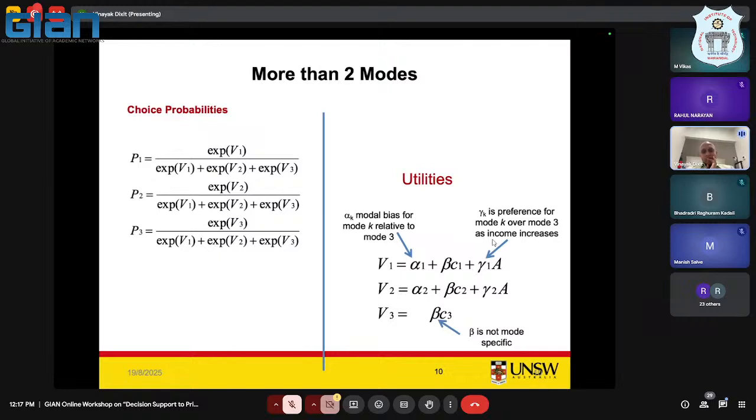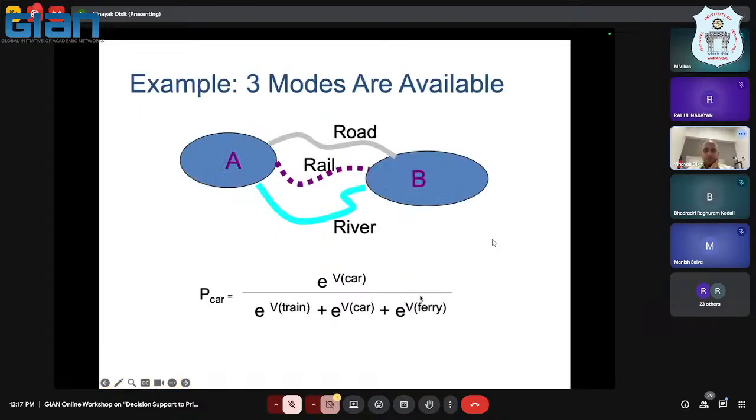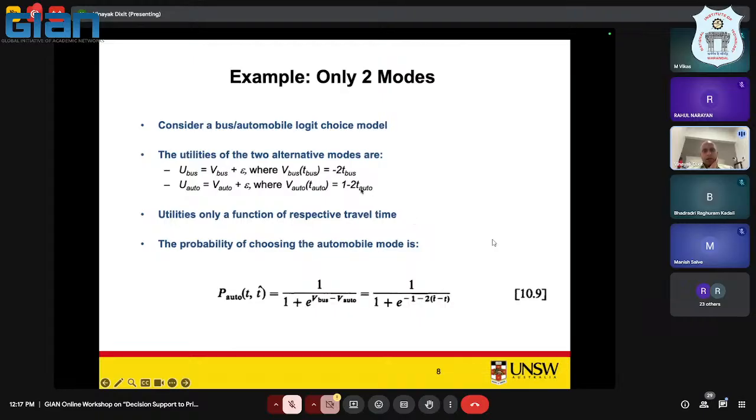So that is an important thing to remember: these betas are always the same, these gammas might be different, and these modal biases are different. Let's look at a very simple example.